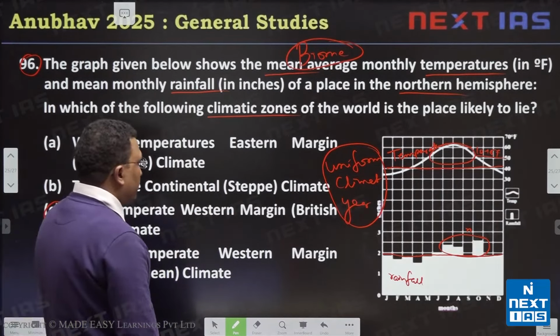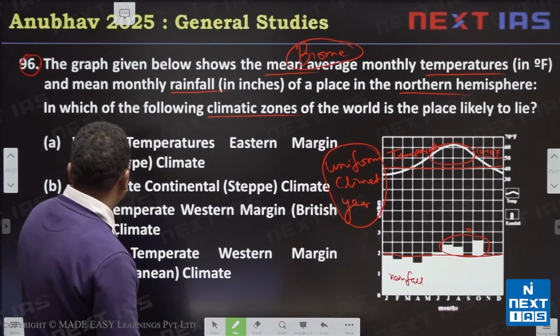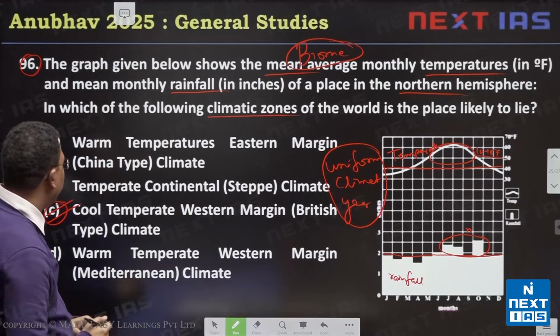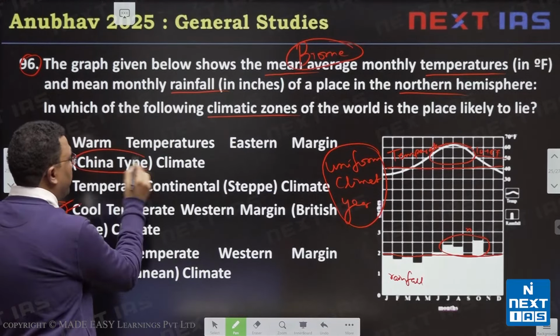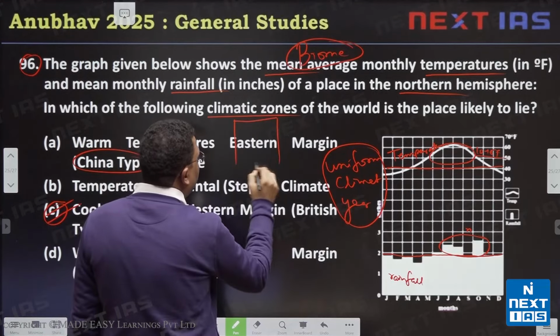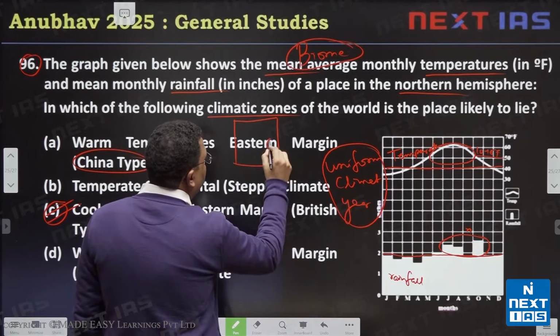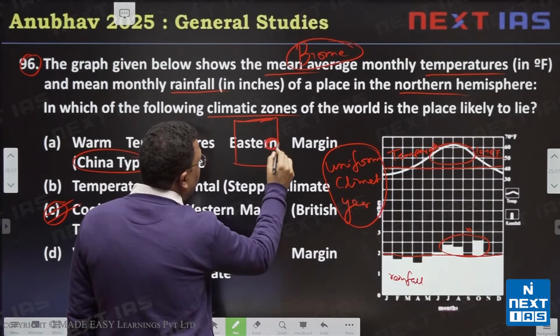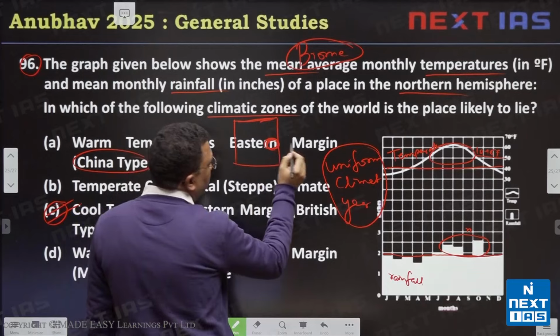So now in order to see whether other options are possible or not, let's discuss them in brief. If you see China type climate, the first option, China type climates are located on the eastern margin of the continent. So let's say this is a continent, China type climate will be located here, on the eastern coast.